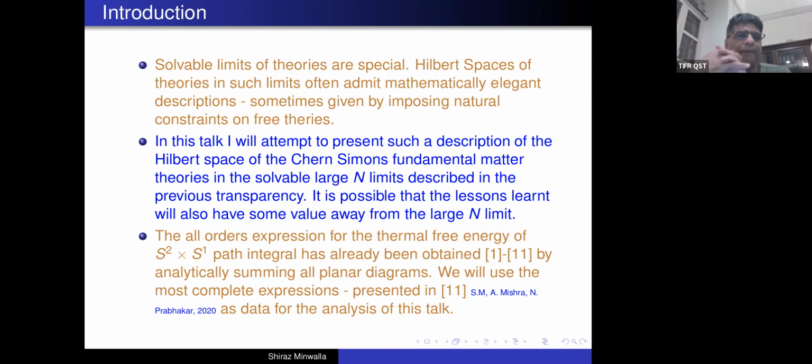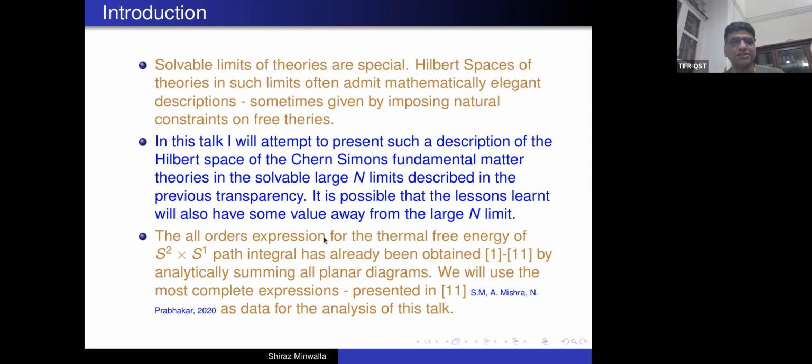In this talk, my goal is to explain that these matter Chern-Simons theories at large n, with fundamental matter in the fundamental representation of UN, in the limit n goes to infinity, k goes to infinity, n by k held fixed, or n by kappa held fixed, also have a simple, tractable, but non-trivial Hilbert space. I want to explain that to you and explain some of the consequences of this fact.